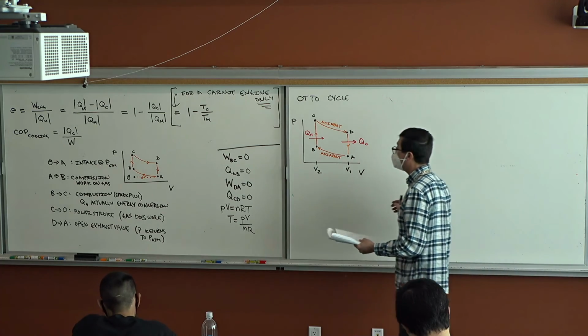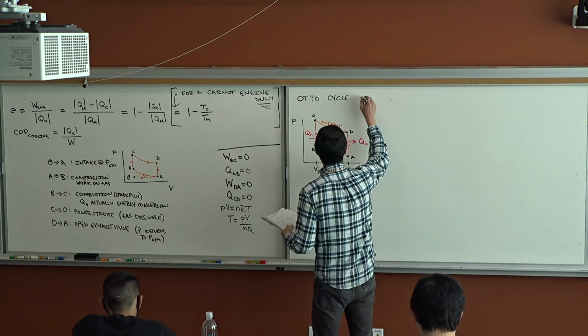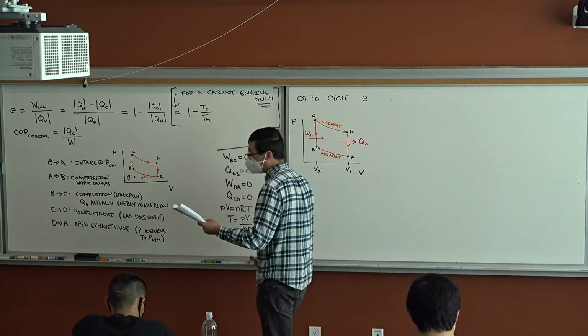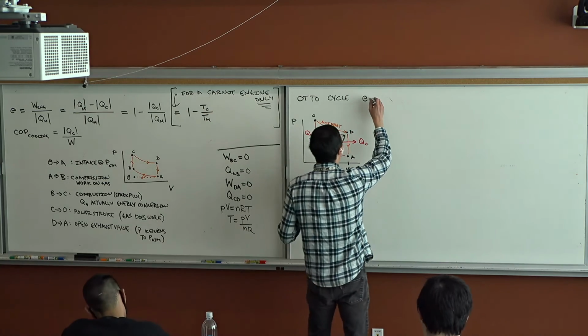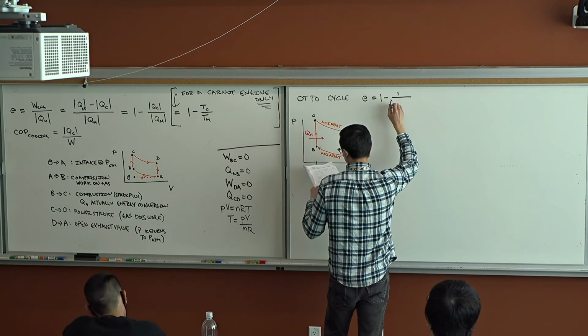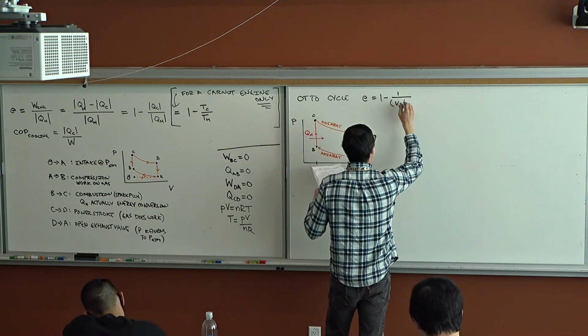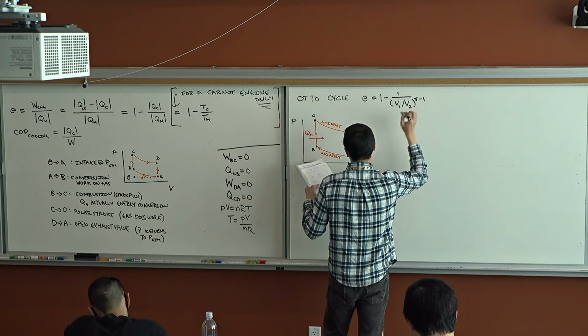I'm going to tell you this efficiency, and then we're going to work through this. So the efficiency is 1 minus 1 over (V1 over V2) to the gamma minus 1.